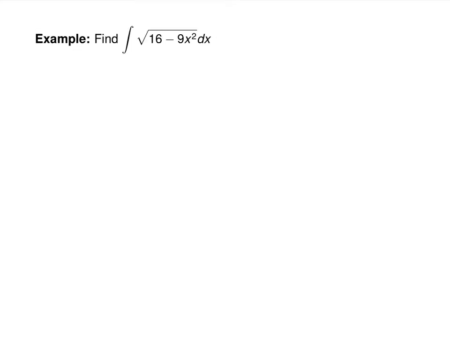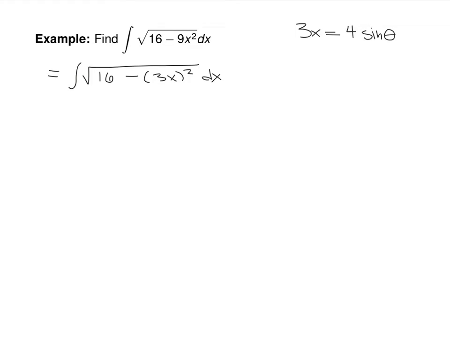All right, now this one's tricky in a couple ways, so here we go. Oh goodness. So the first thing to notice is that we have 16 minus the quantity 3x squared dx. So we are going to start by letting 3x equal 4 sine of theta.